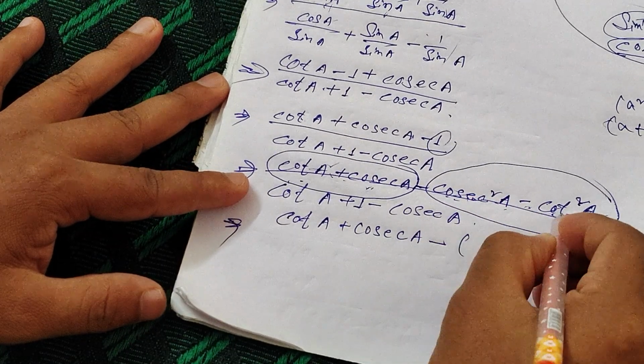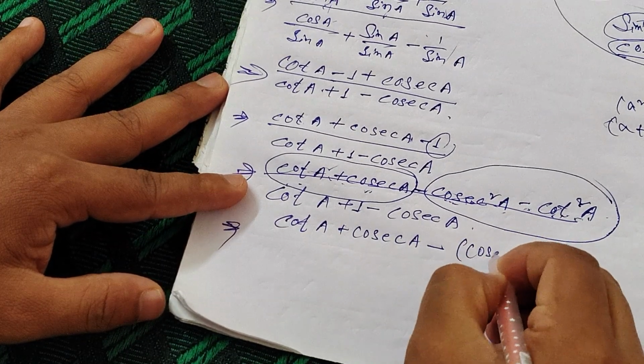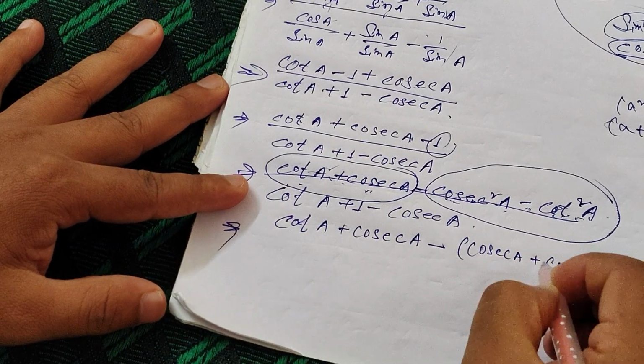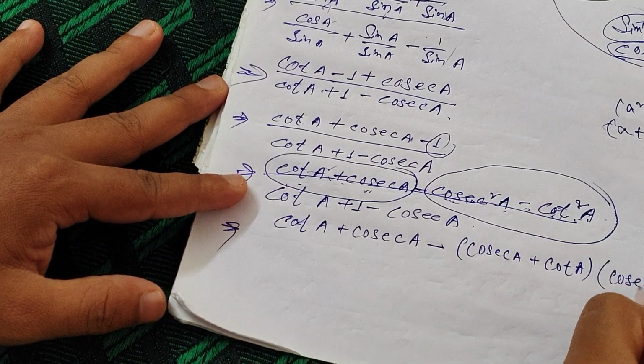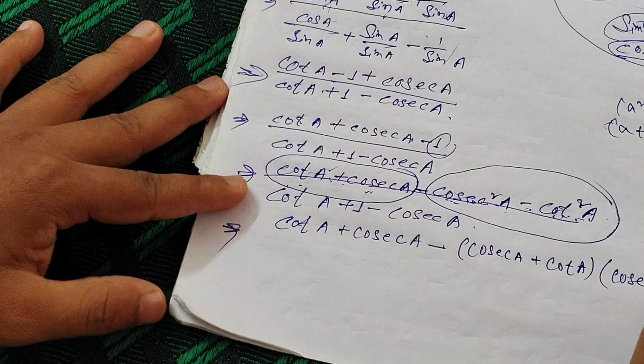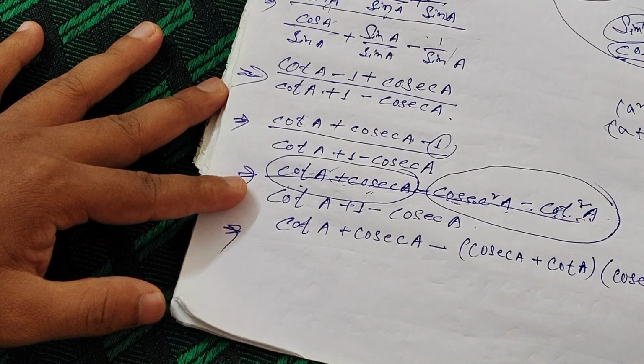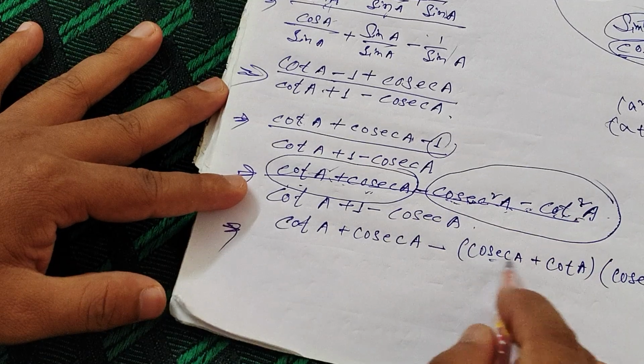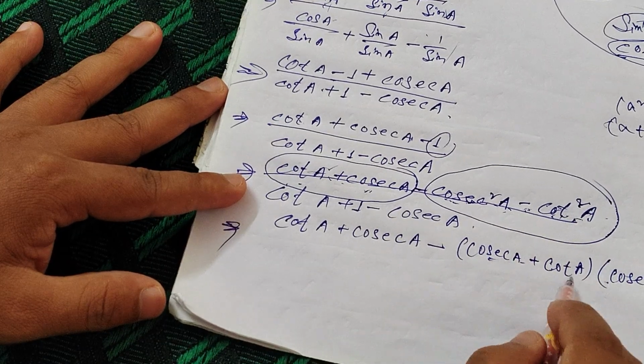This is our a, this is our b. So cosec A plus cot A, again we can write cosec A minus cot A. Understand?